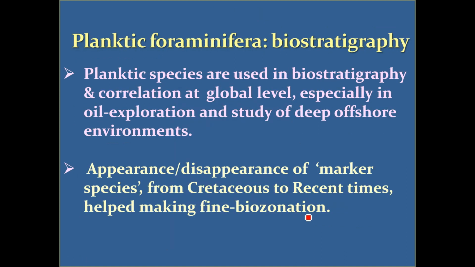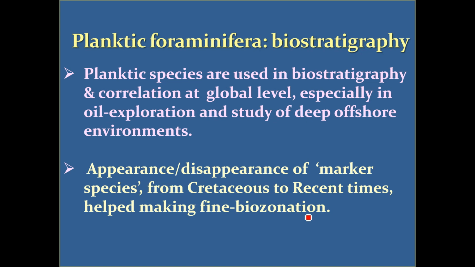Planktonic foraminifera are very useful in biostratigraphy. It is because their distribution is so wide, and most of them have very small ranges of their living history. Therefore, if we use them in biostratigraphy, we can correlate at global level.